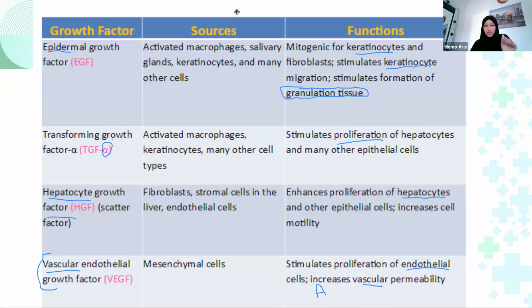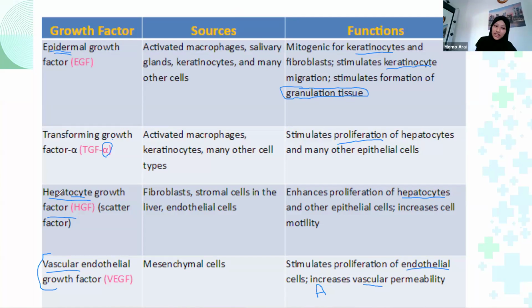So again, let's try to sum up. Epidermal growth factor, from the name epidermis, is for keratinocytes, your skin cells. And there's an additional function, which is for the scar tissue or granulation tissue. I'll also talk about this more, don't worry. Transforming growth factor alpha is basically proliferation. It will help in a lot of cells.